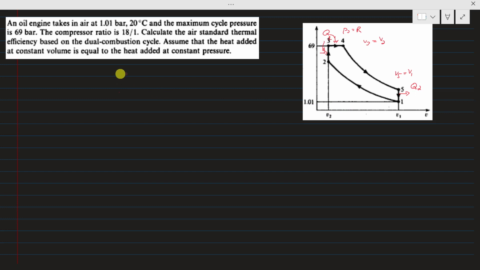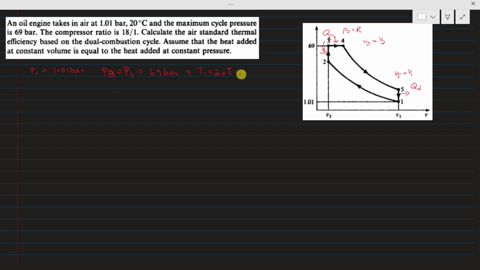Okay, let's solve this example. The minimum pressure that is given, P1, is 1.01 bar, and the maximum pressure, equal to P3 and also P4, is 69 bar, and the minimum temperature T1 is 20 centigrade.